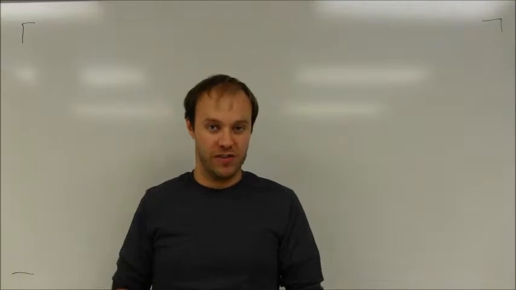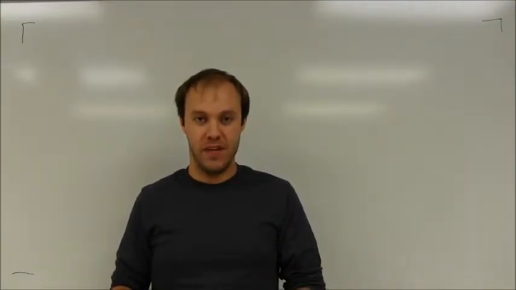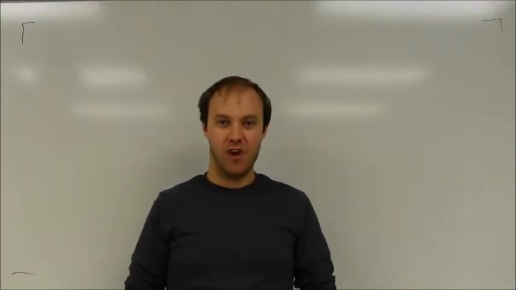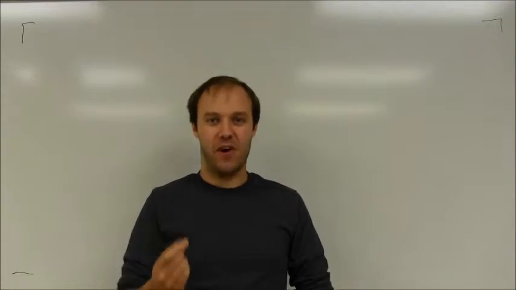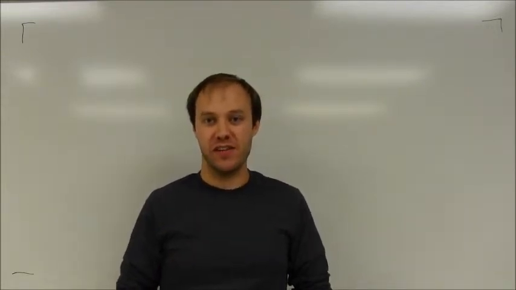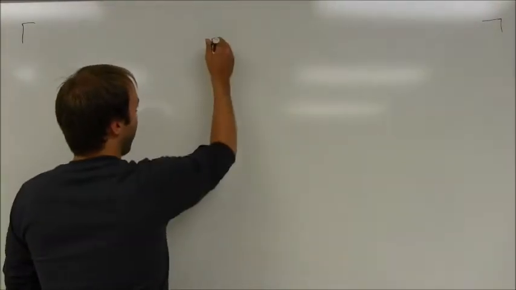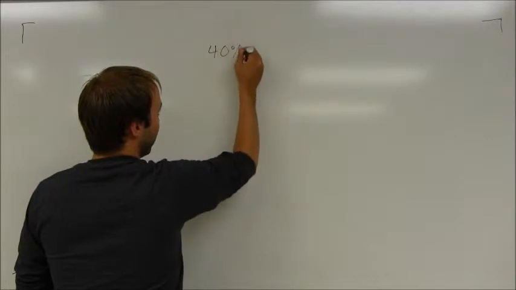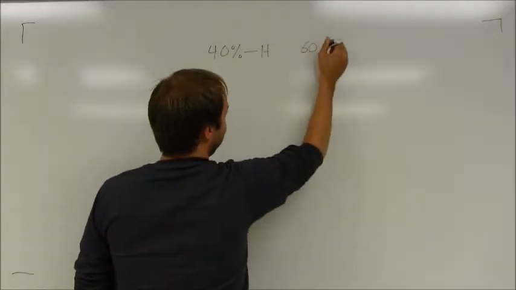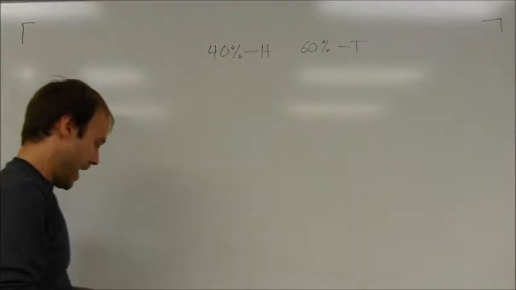So let me give you a more clear example. The example I'm going to look at in this video is one in which I have a coin that's not a fair coin. Maybe it's bent, maybe it's weighted strangely, but for some reason this coin has a 40% chance of landing heads, and it has a 60% chance of landing tails.